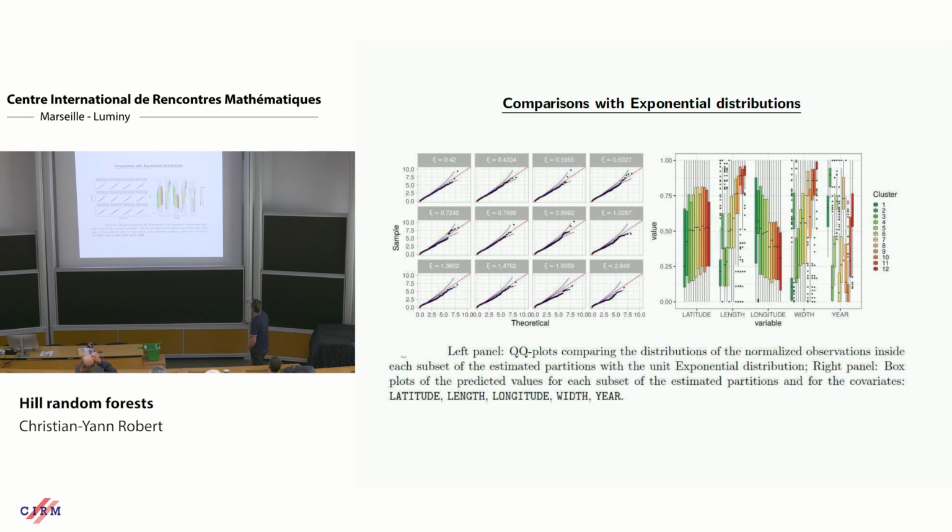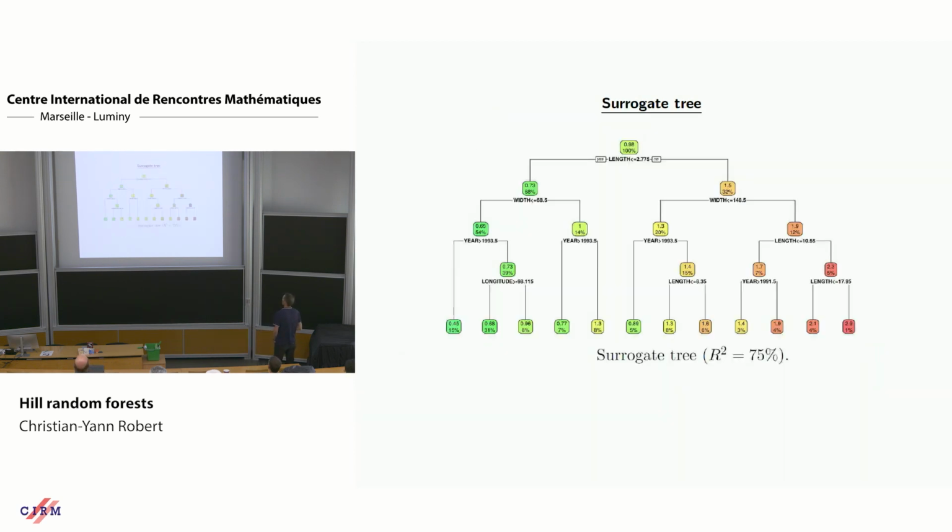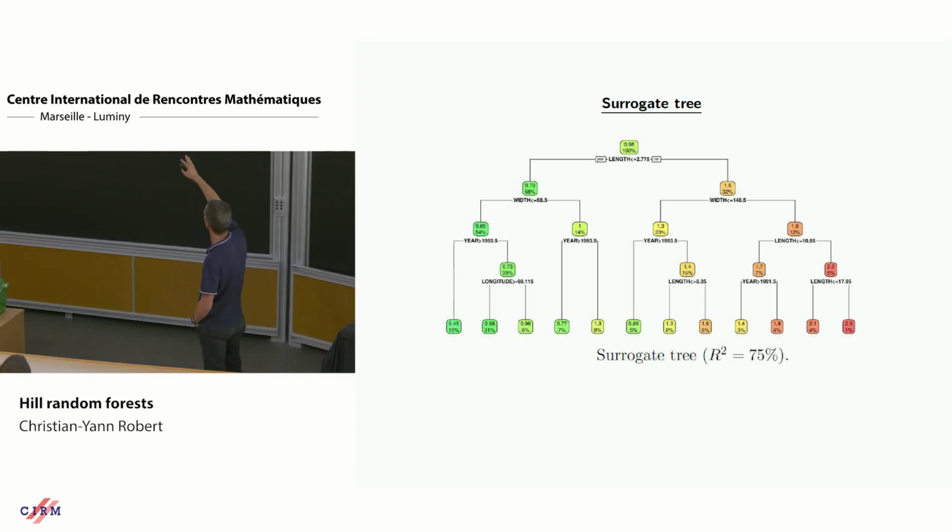It is not so clear with other covariates. Here are only the trees that we get with the surrogate model, so we are able to explain more easily how we obtain the 12 clusters. So you divide first with respect to the length, width, year, etc., to define exactly how you get these 12 clusters.